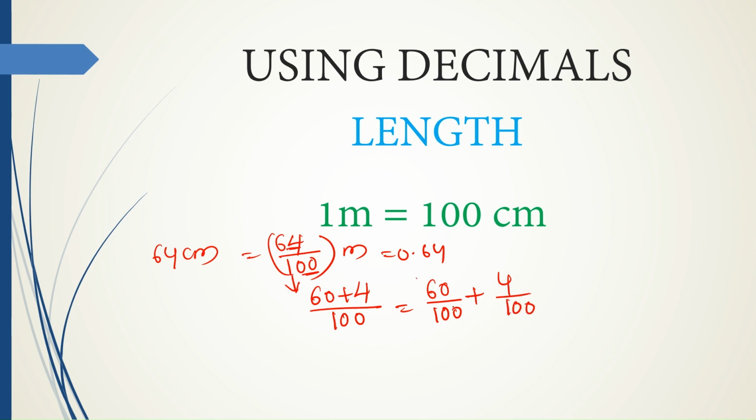Now 60 upon 100 will become 6 upon 10, and the second one is 4 upon 100. So if we want to write using the place values, we have to see that it has only one digit in the numerator. In the tenth place we write 6, in the hundredth place we write 4. 0.64 meters.